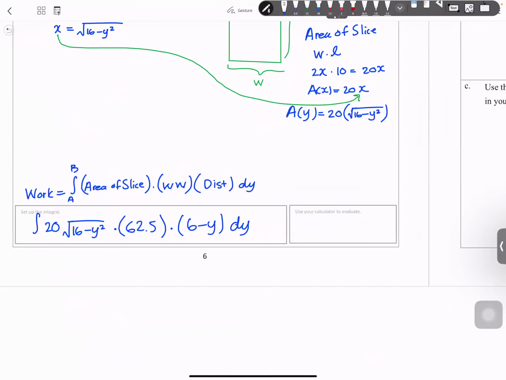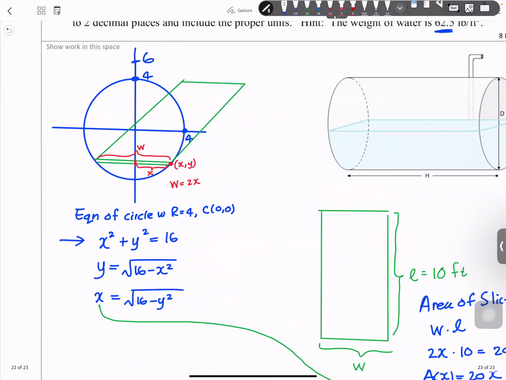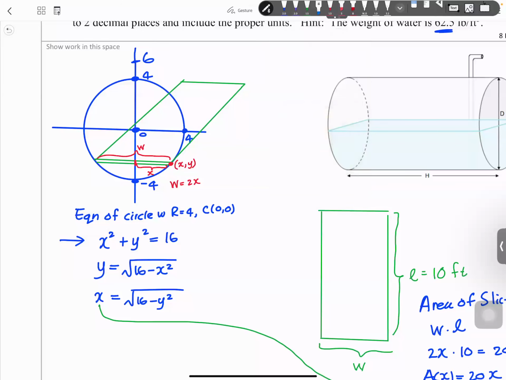All right. And then lastly, I need to put bounds on my integral. Where's the water at? So again, go back to your original diagram. Here, the bottom of the tank is at -4, and it says that the tank is half full. So that means that the water is right here, right?